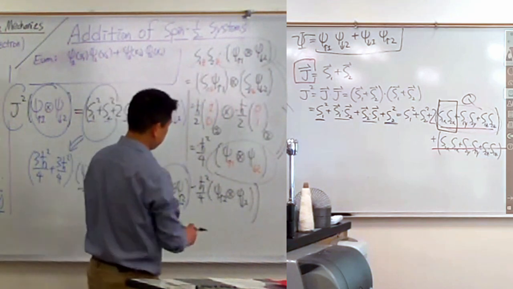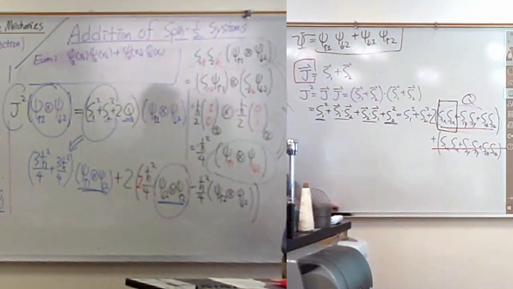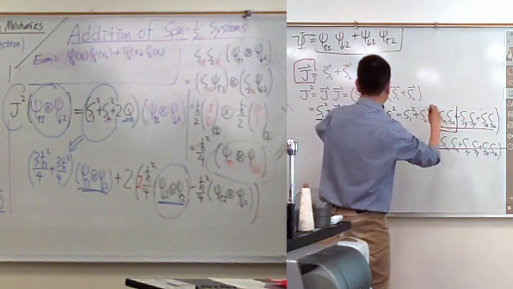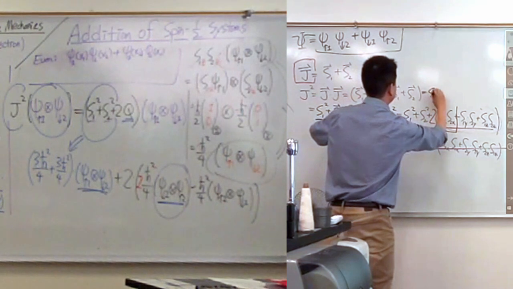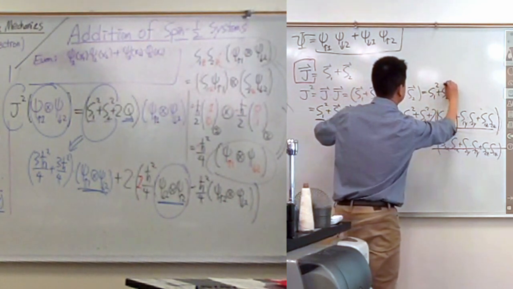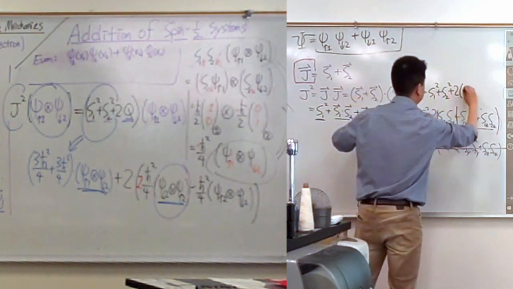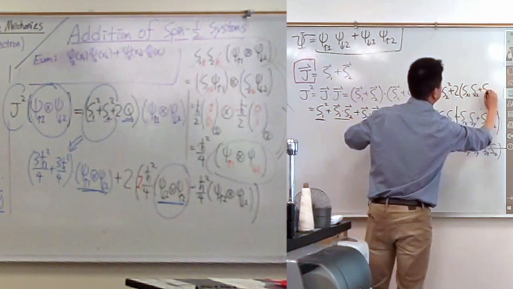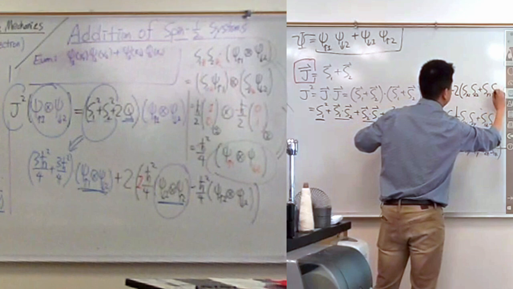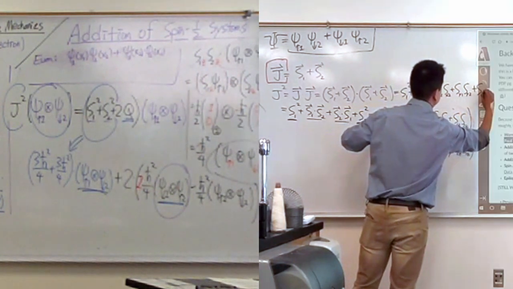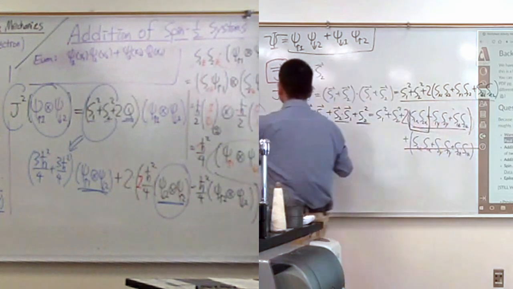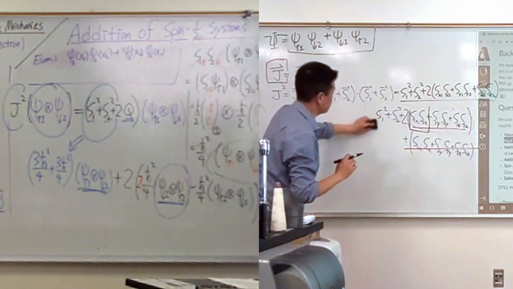Let me clean this up here, and then write up the question that you are supposed to be answering. So this operator, when you expand it all out, is s1 squared plus s2 squared plus 2 times sx1 sx2 plus sy1 sy2 plus sz1 sz2. Okay, so that's the operator, and this is the question I'm asking you to answer.